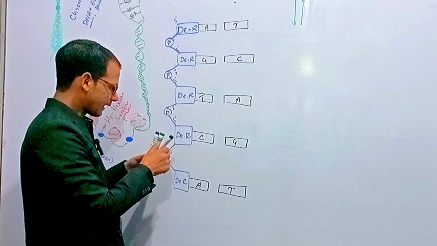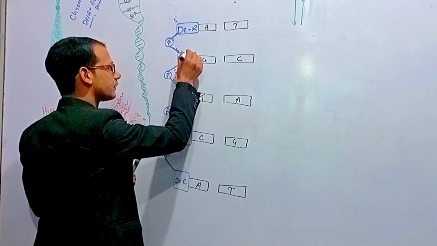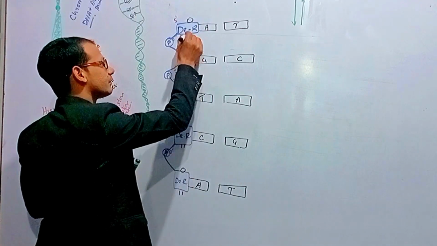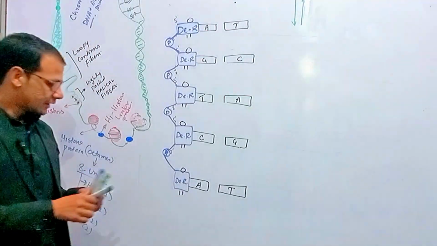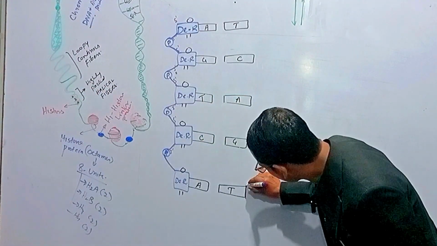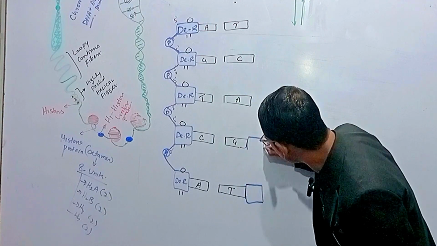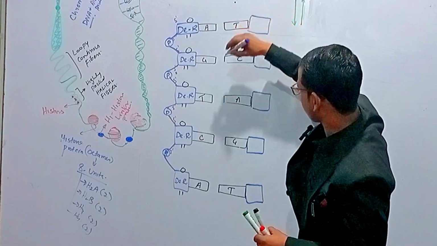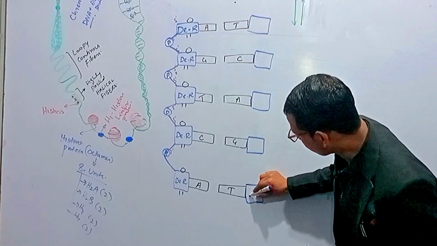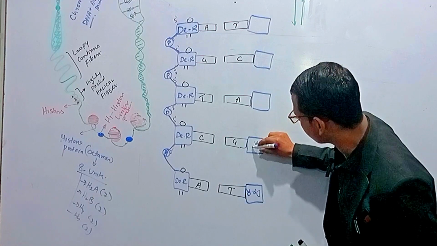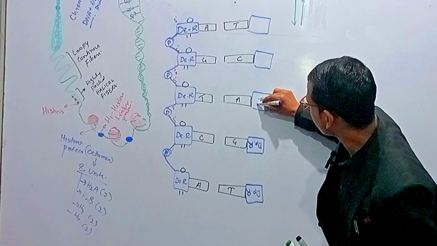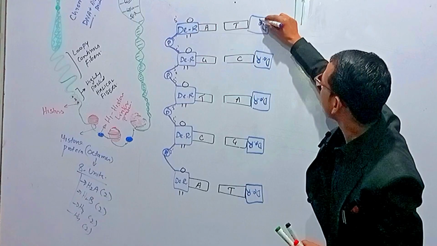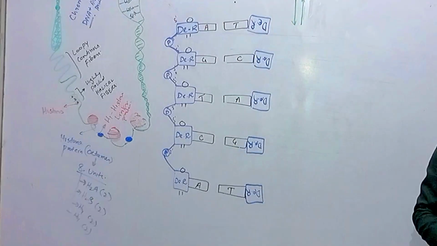For example, these are nitrogenous bases, right? It will be, for example, this is deoxyribose sugars, deoxyribose sugars. This is deoxyribose, this is deoxyribose, this is deoxyribose, and this is also deoxyribose, this is also deoxyribose, right?